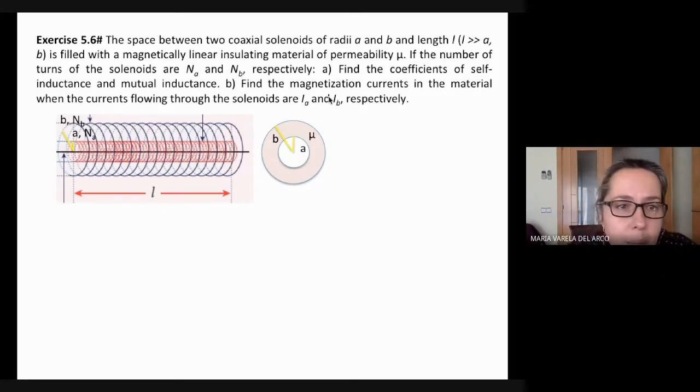Anyhow, so if the number of turns of the solenoids are NA and NB respectively, find the coefficients of self-induction and mutual inductance, okay? And then we'll also find the magnetization currents in the magnetic material. And the data that they give us is, other than the number of turns, then the intensities along A and B. All right, so we have pretty much everything we need.